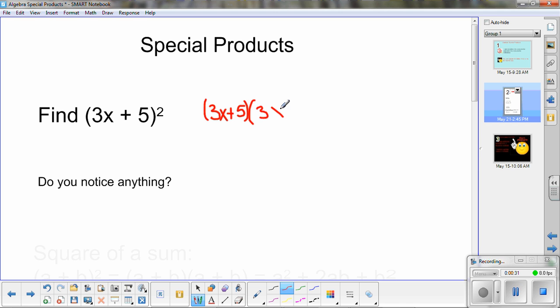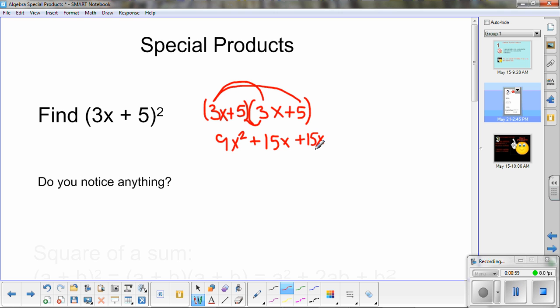And then if we use FOIL, we're going to do the first, 3x times 3x, which is 9x squared. Outer, 3x times 5 is 15x. Inner is another 15x.